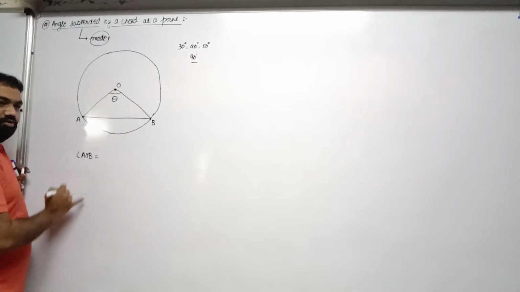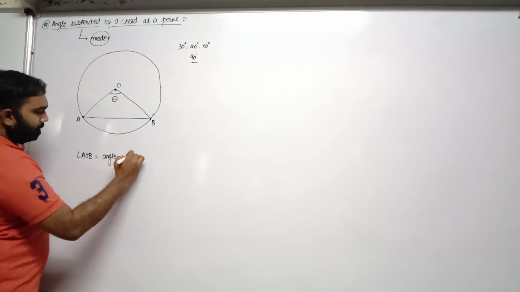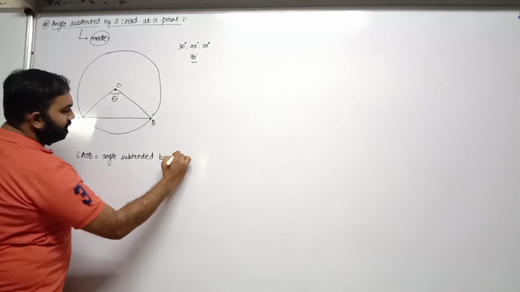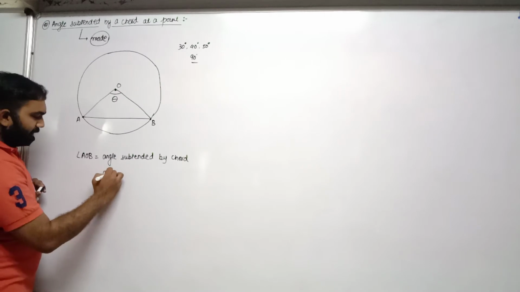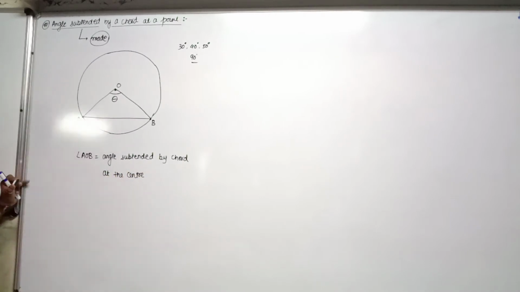Angle AOB is the angle subtended by the chord at the center of the circle.